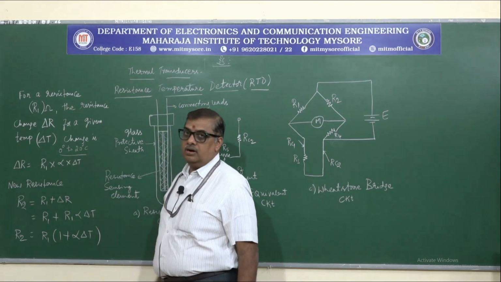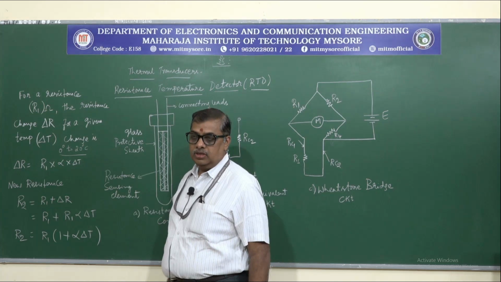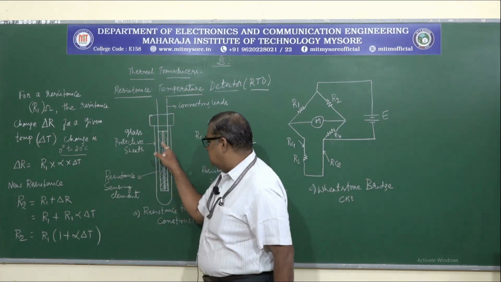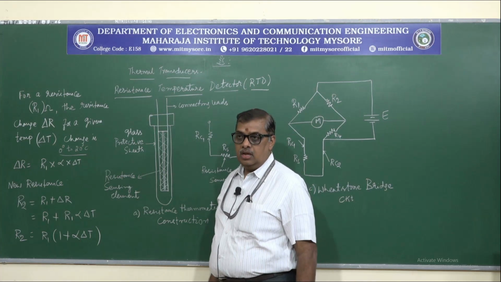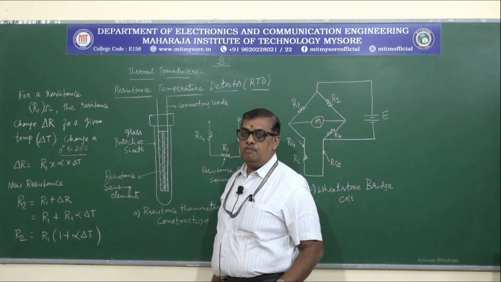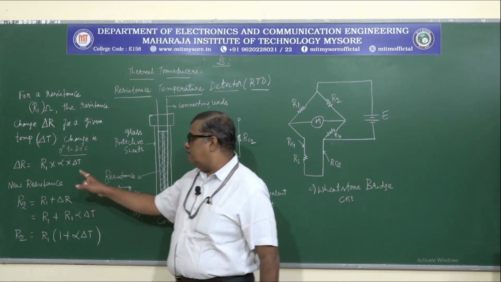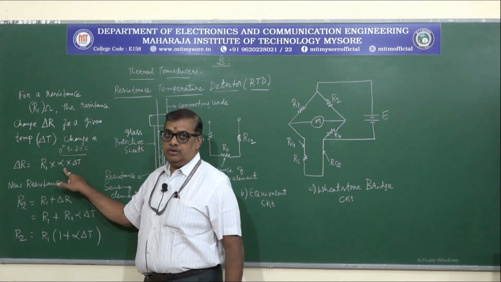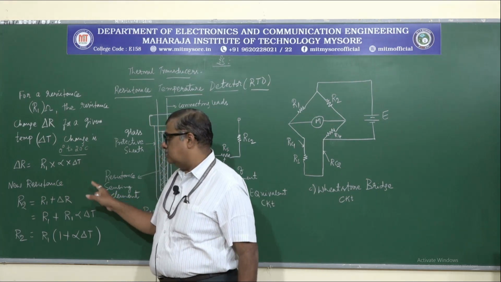What is this alpha? It is called the temperature coefficient. Usually the sensing material here is a pure metal, and all metals have a positive temperature coefficient. So alpha represents the temperature coefficient, and delta T is the change in temperature.